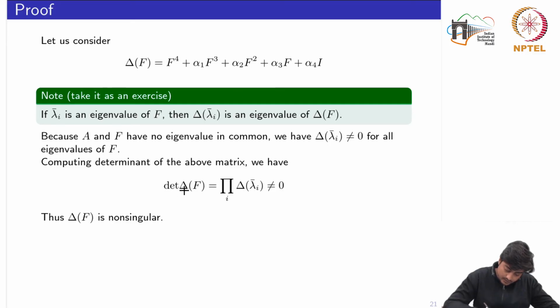We know that the determinant of any matrix is the multiplication of all its eigenvalues. The eigenvalues of this delta F are delta of lambda I bar, and the product of delta of lambda I bar over all I would also not be equal to 0, because each of them is not equal to 0. So this delta F is a non-singular matrix.